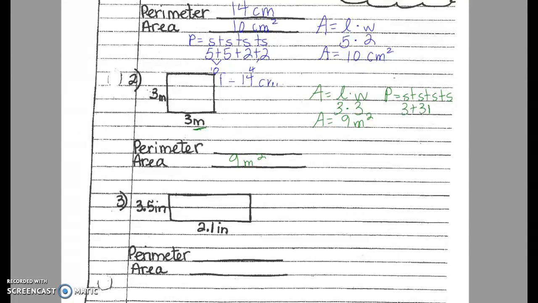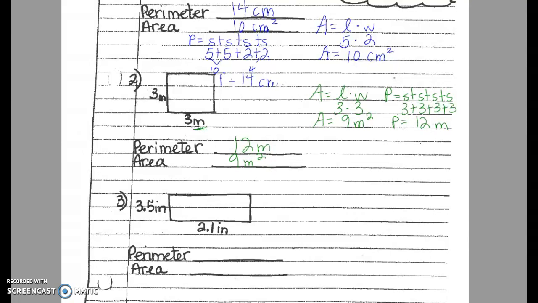Okay, now I'm going to add all those together, and I'm going to get 12 meters. Squared? No squared. No squared because I'm adding. I'm not timesing. Okay? Perimeter will not have the squared. Only the area does. Okay?